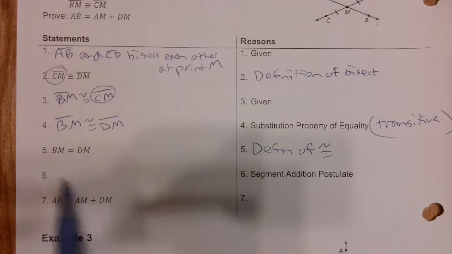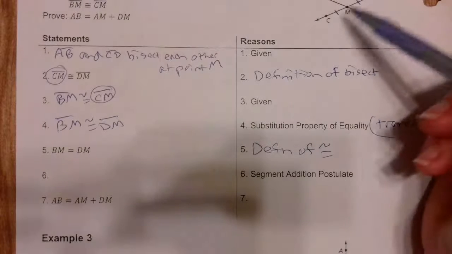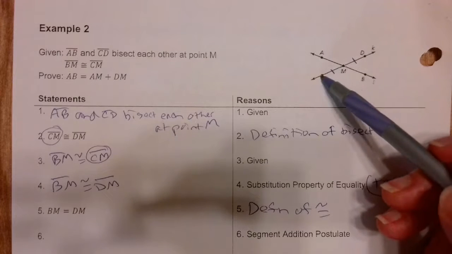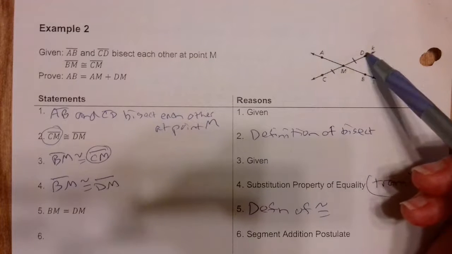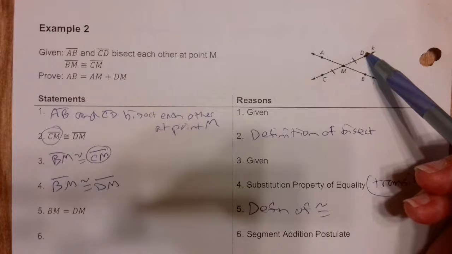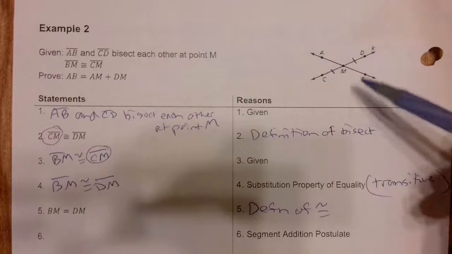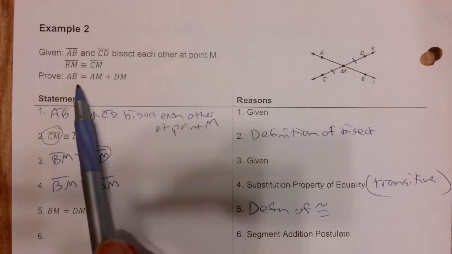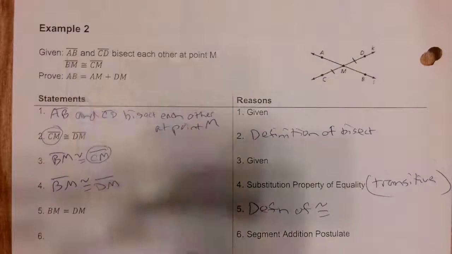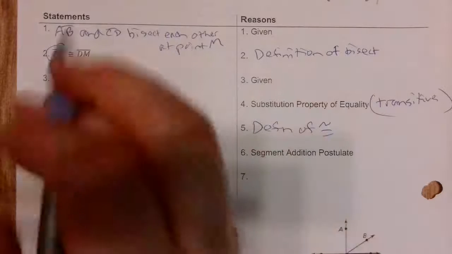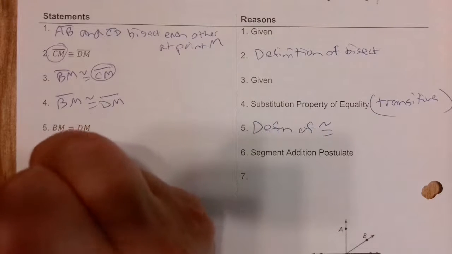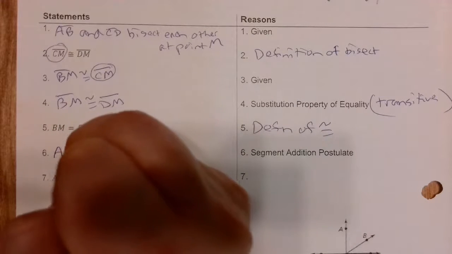What things should we be adding together here? Well, we already used CD in the proof with our definition of bisect. We're trying to end up at AB equals. So I'm thinking we use segment addition postulate here and say AB equals.